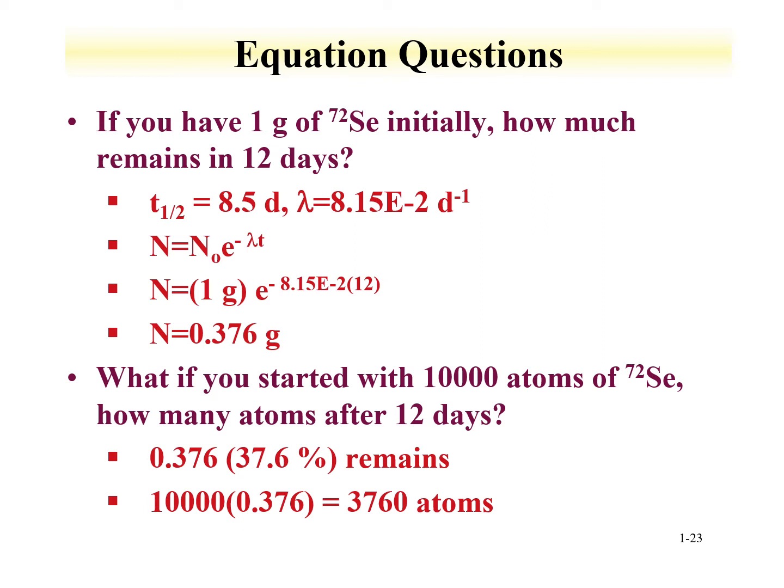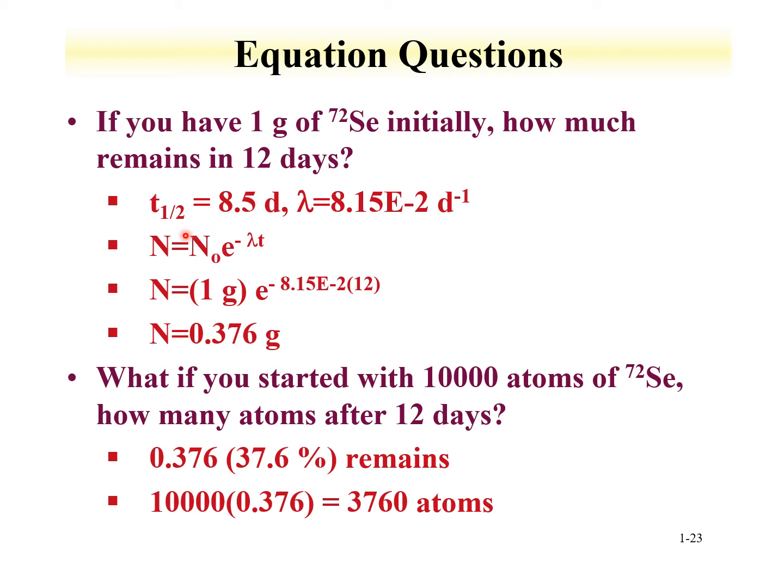Based upon some of the equations that we've reviewed, one should be able to answer some of the following questions. For instance, if you have 1 gram of selenium-72 initially, how much remains after 12 days? Well, the half-life is 8.5 days. The decay constant is log 2 divided by 8.5 days. N equals the initial number times e to the minus lambda t.